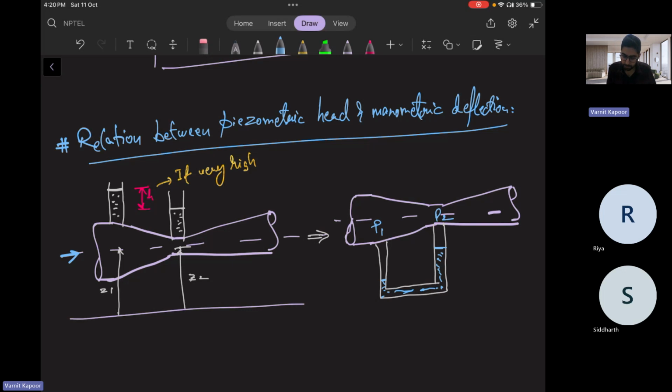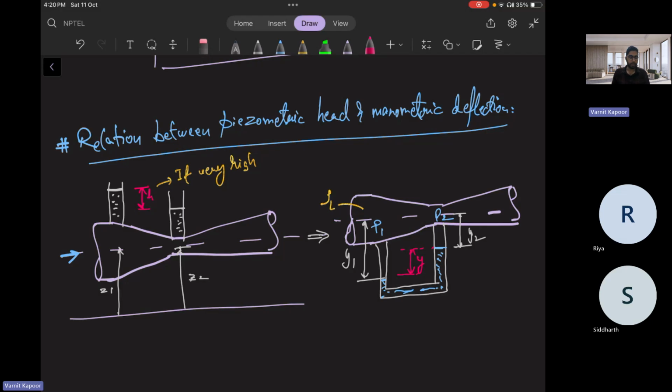Let us suppose the density of the liquid is rho L. Suppose from here the distance is y1, this is y2, and this difference is y.